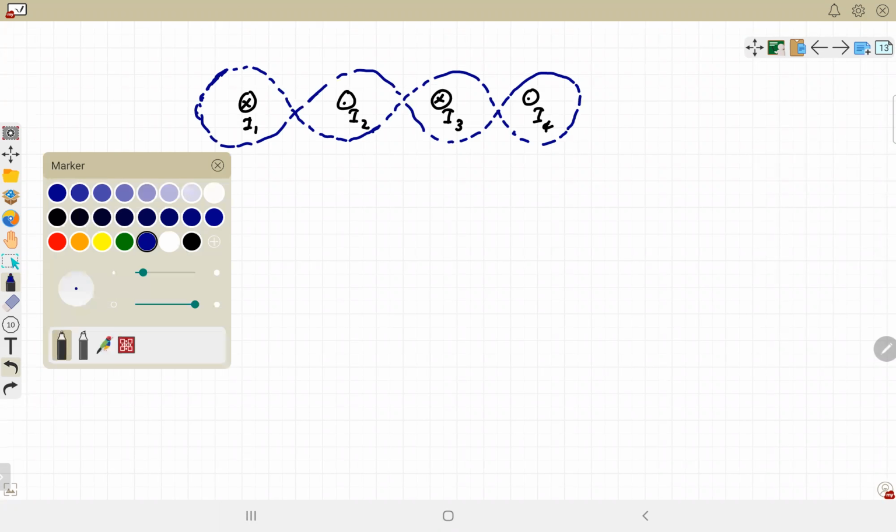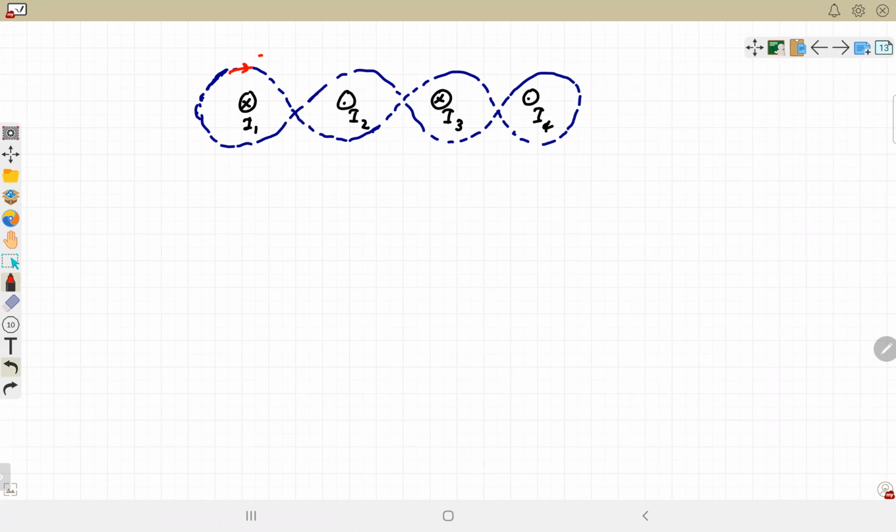So the path of the loop, basically dl integration, is being performed like this and then reverts back to the same point. It is a closed loop. For any closed loop, we can apply Ampere's circuital law. Here cross and dot represent the direction of current.